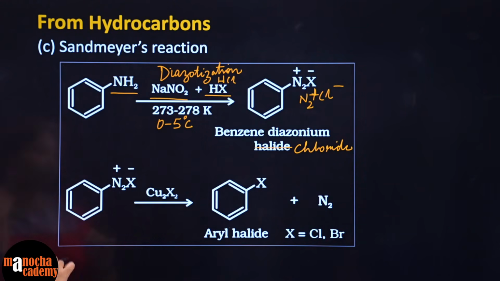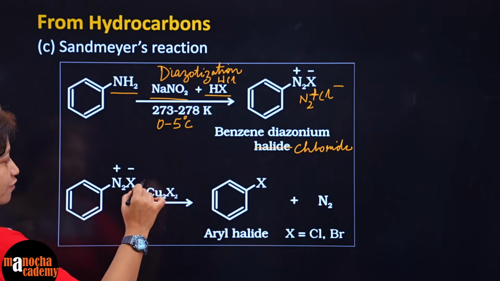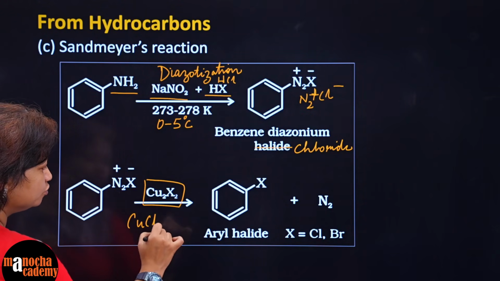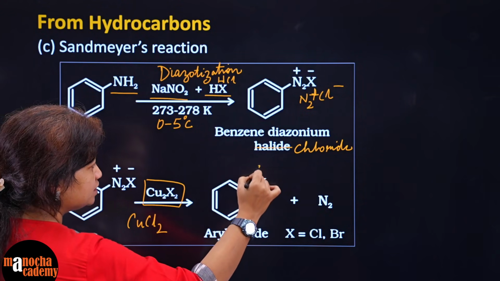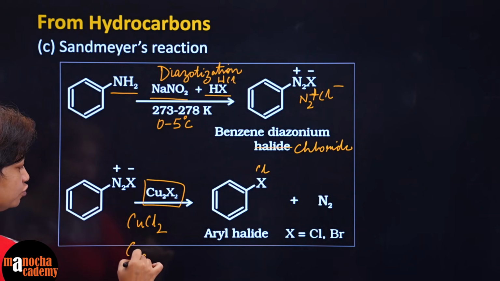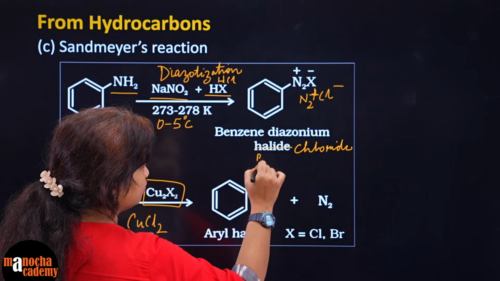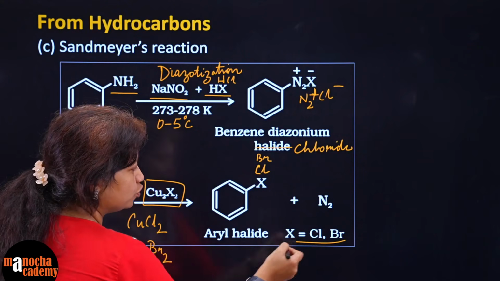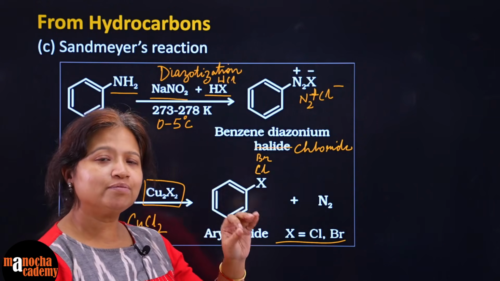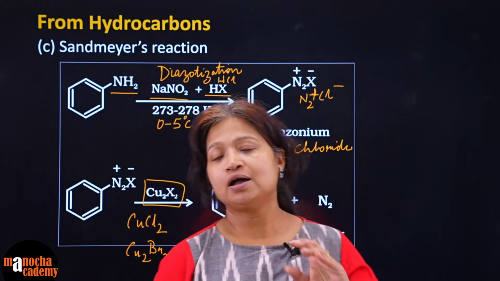Now, when you react with cuprous chloride, Cu2Cl2, then X will be formed as chlorobenzene. If you use Cu2Br2, cuprous bromide, then X will be Br. You can choose both. So this is called the Sandmeyer reaction. You start from an amine, you diazotize using sodium nitrite and HCl.